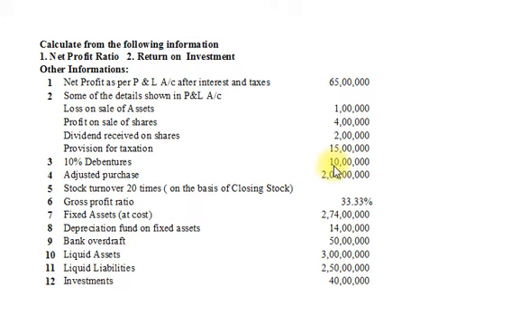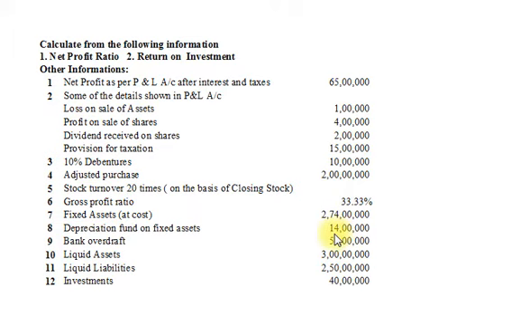10% debentures rupees 10 lakh, adjusted purchase rupees 2 crore, and stock turnover 20 times on the basis of closing stock. Our gross profit ratio is 33.33%, that is 33 and 1/3%. Fixed assets at cost price rupees 2 crore 74 lakhs.